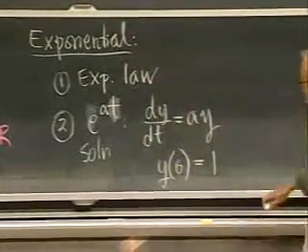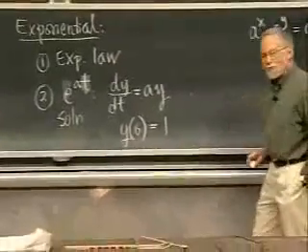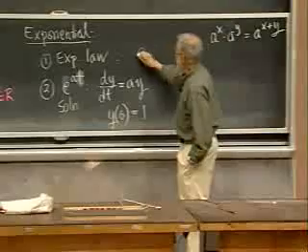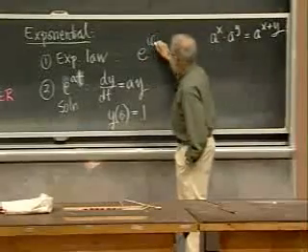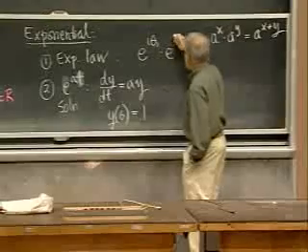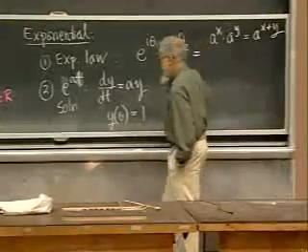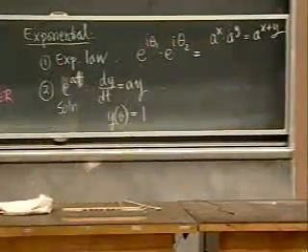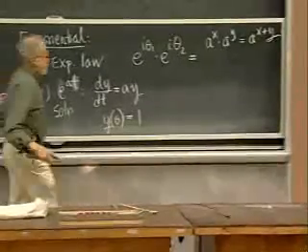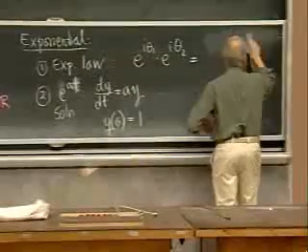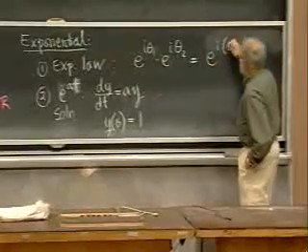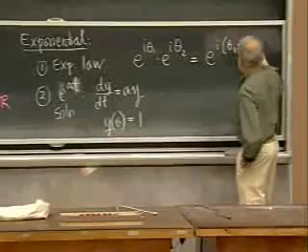Now, if you're going to call something e to the i theta, we want that to be true. So here are my questions. Is it true that e to the i theta 1, times e to the i theta 2, is that equal to e to the i (theta 1 plus theta 2)?